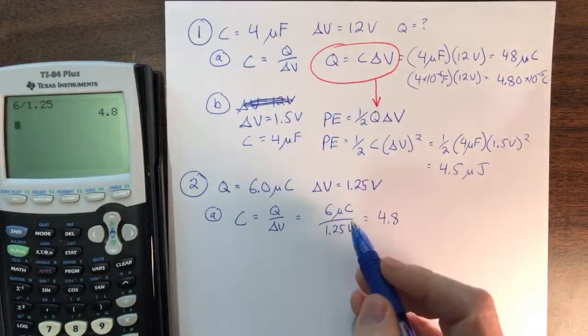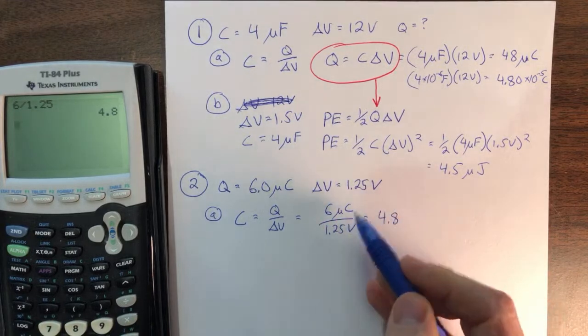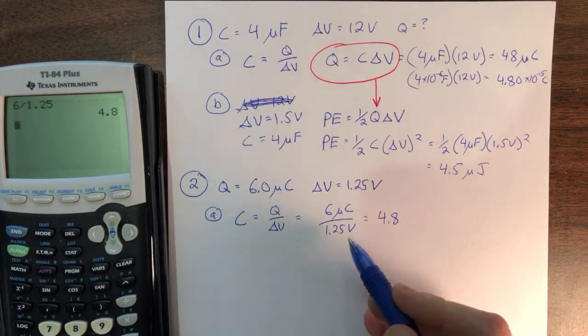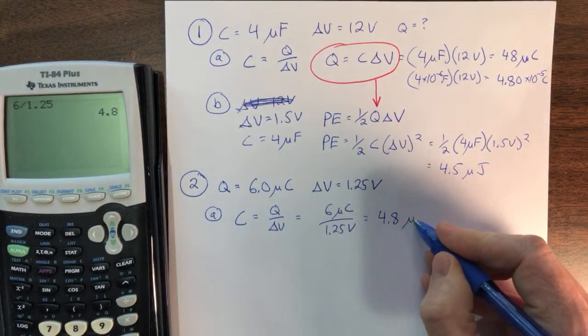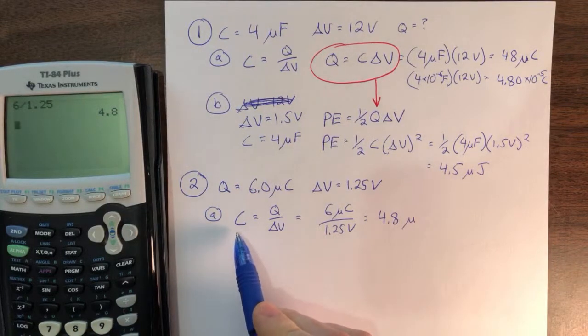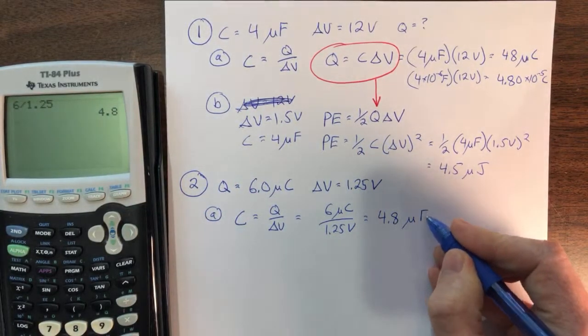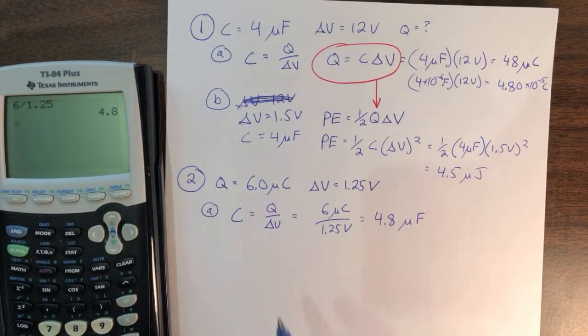Again, we have to be careful about these prefixes, but in this case, the prefix is on the top. If it was on the bottom, that's going to change things, right? But because it's on the top, we can carry it over. And so this is going to be micro what? Well, this is a capacitance, and so it's going to be microfarads, so 4.8 microfarads. Okay?